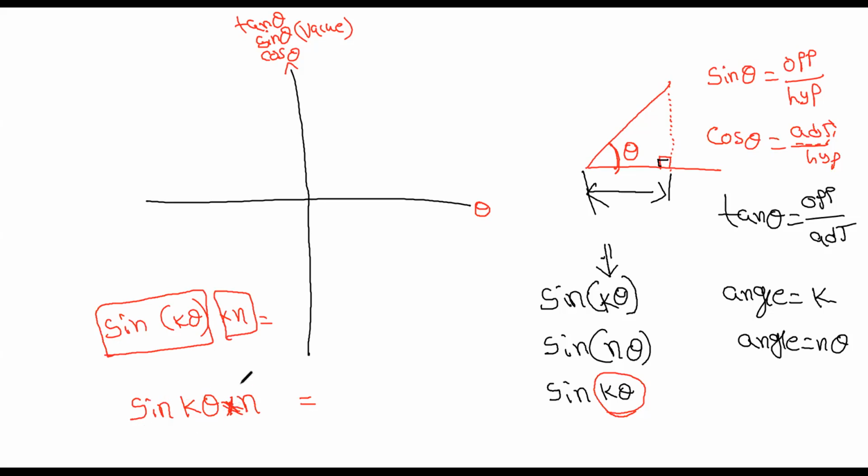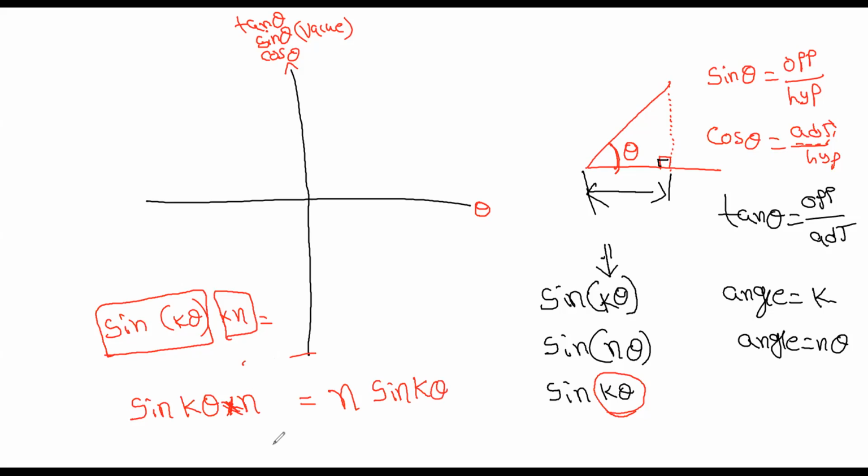That's why, for avoiding the confusion, if any constant is multiplying with sine or any trigonometric ratio, we will represent it in the beginning itself: n into sine k theta.